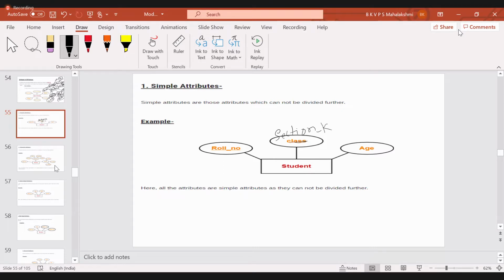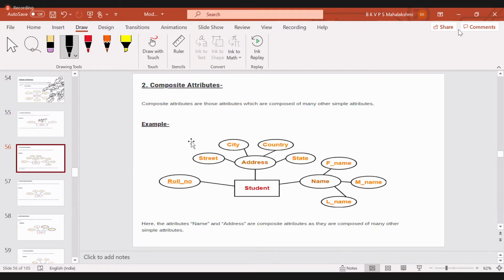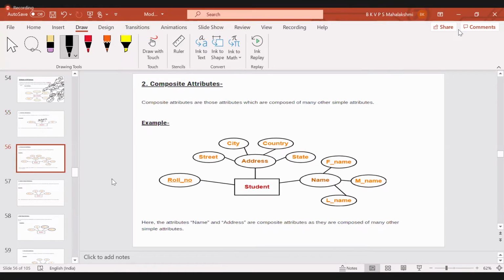Okay. Next is the composite one. See here, for the student entity, roll number, name, address. These three are the main features. But here you have to note down the representation of the type of the attributes.